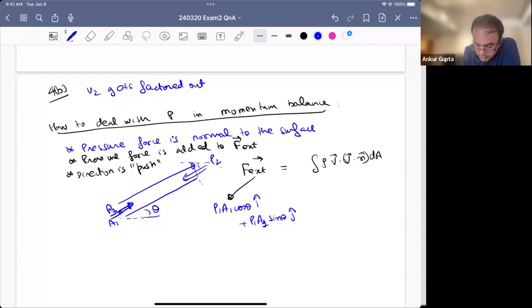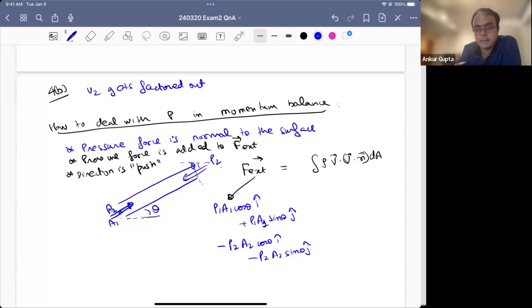Then this would become minus P2 A2 cos theta i hat and minus P2 A2 sine theta j hat. So pressure will always push, it will always be normal and has to be a part of F external. Now I can add an anchoring force on the other side, like Fx, Fy, but pressure will always go on this left hand side with this sign.